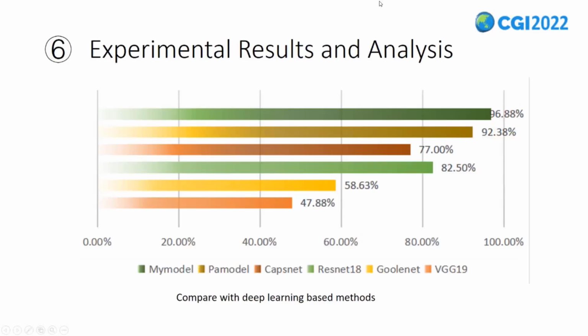This one is the experimental results and analysis compared with deep learning based methods. The compared models just use the original model for the training data set. Also, our method got the best accuracy.